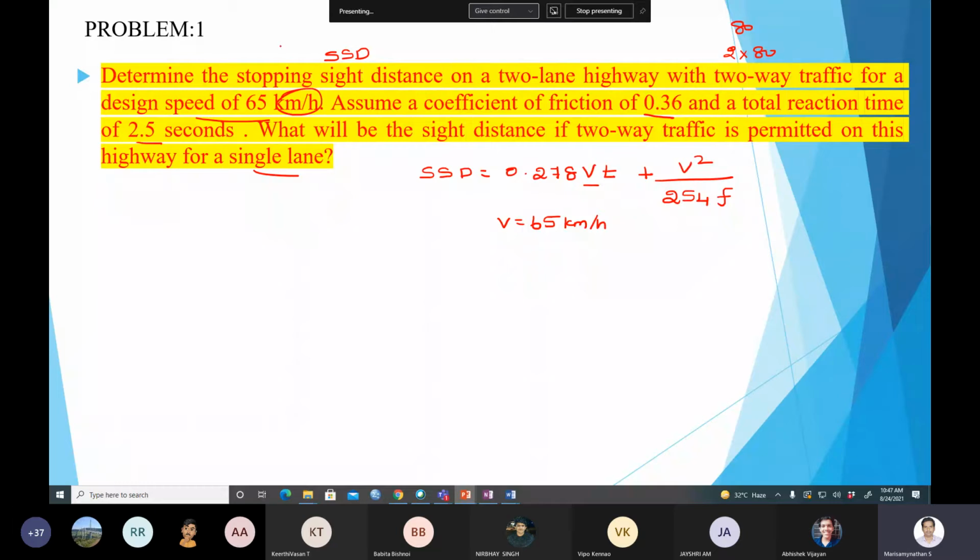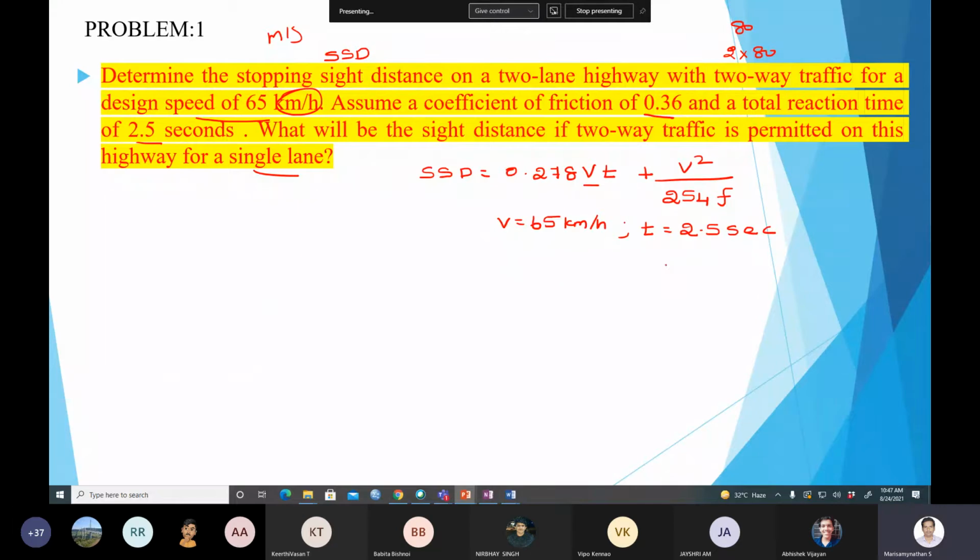In case it is given as meter per second, the equation changes, so according to that you have to modify it. Then what are the other parameters required? Reaction time, that is 2.5 seconds.